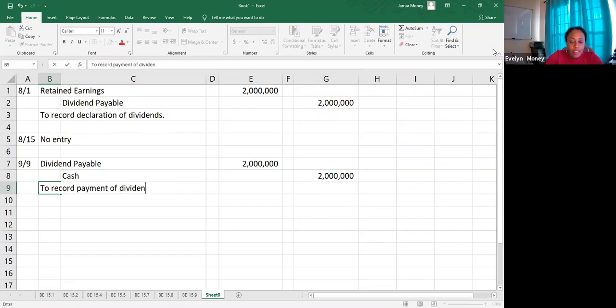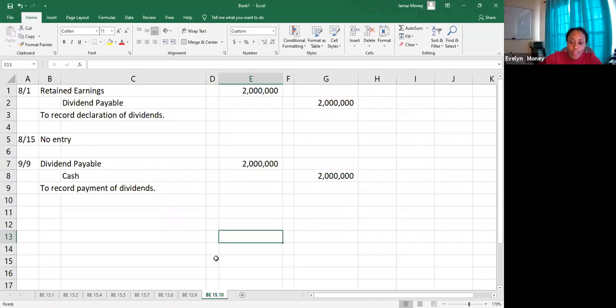So record payment of dividends. Remember those 3 important dates. We're going to see those dates over and over again, whether it's a cash dividend, a property dividend, or a stock dividend. It's going to look very similar.